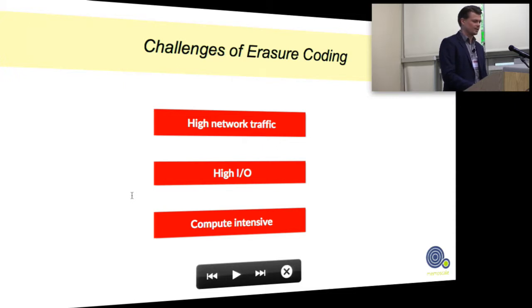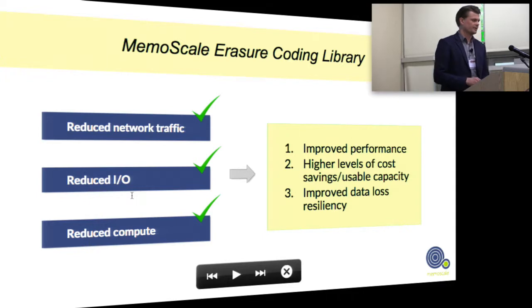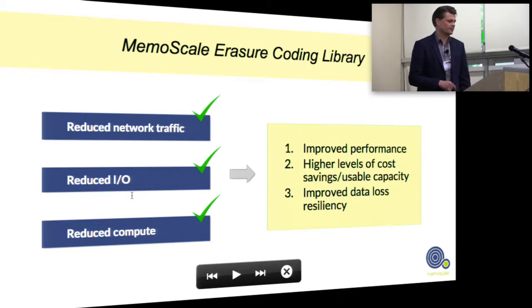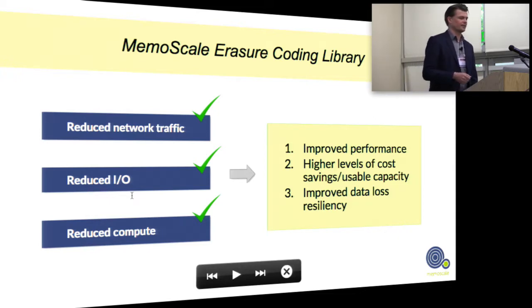And at Memoscale, we have worked at solving these challenges with erasure coding. And we do have some solutions to each of these. And if you implement this in your storage systems, you may see improved performance. You will also be able to achieve higher levels of cost savings by reducing the overhead. And also it can provide better protection against data loss.